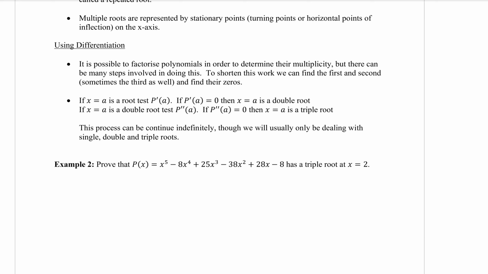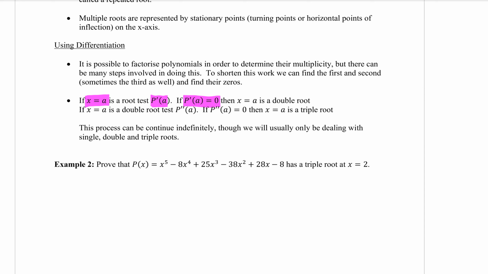To shorten this work, we can find a first and a second, sometimes a third derivative as well, and then find their zeros. So if x equals a is a root, we want to test the derivative of our polynomial and substitute the a in. If that is equal to 0, then that means that x equals a was a double root.